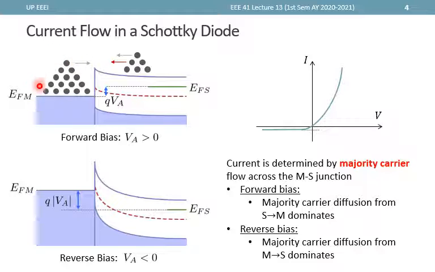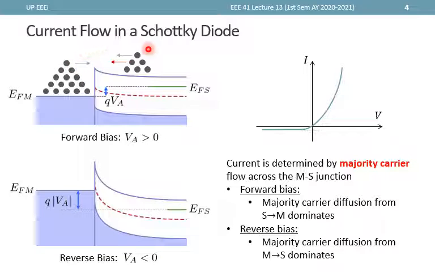So here we still have the same amount of electrons, and even if we change the bending at the semiconductor side, these electrons still see the same barrier in crossing from metal to semiconductor, and thus the electron flow from metal to semiconductor does not change.